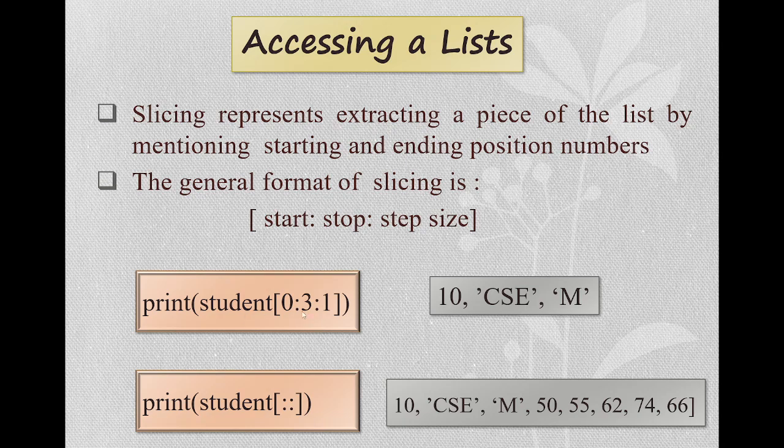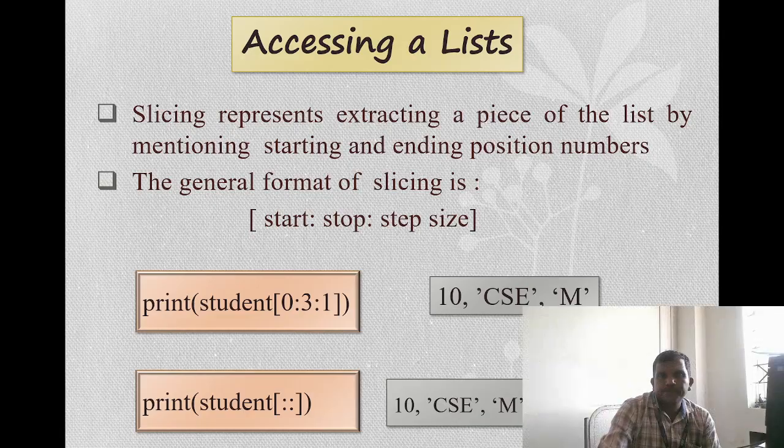So print student of 0, 3, 1 means you start at index value 0 up to 3, so 0, 1, 2 values will be printed: 10, CSE, M. And print student of double colon will print all the values present in that list.